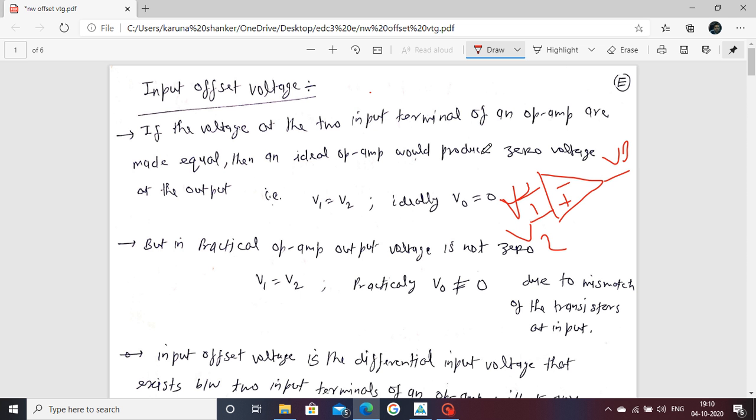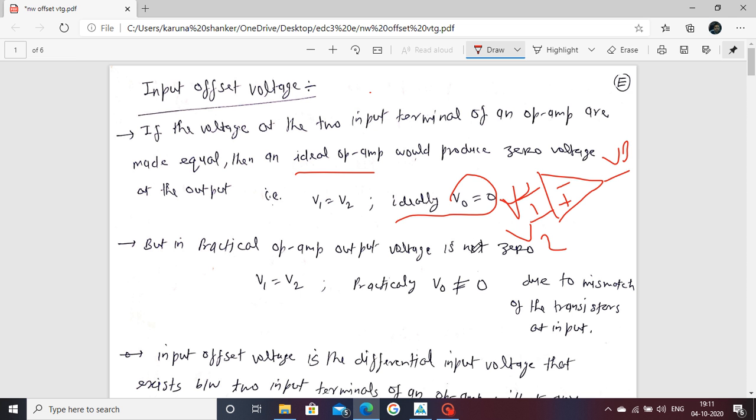When we consider this as an ideal op-amp and apply the same voltage to the input, meaning V1 and V2 are the same, then the output is equal to 0. This is the property of an ideal op-amp. Same input means whatever the value is, applied at both the negative and positive terminals, the output is 0.